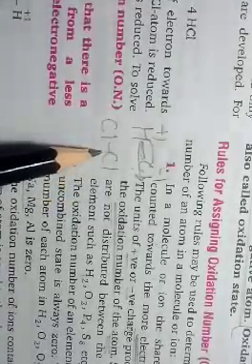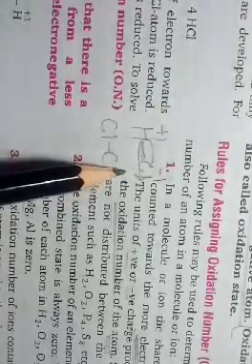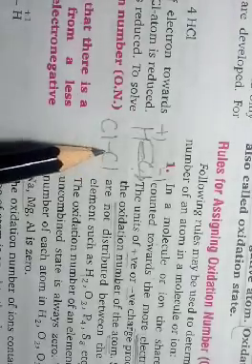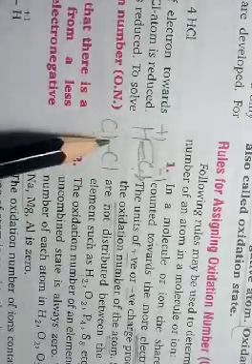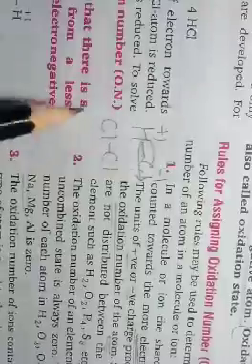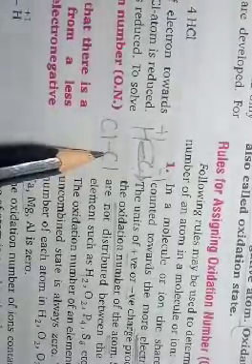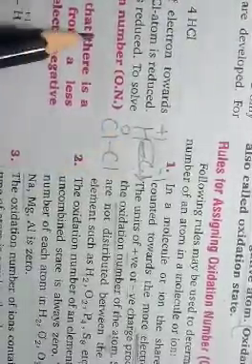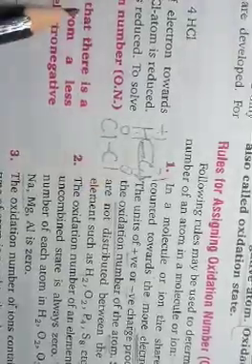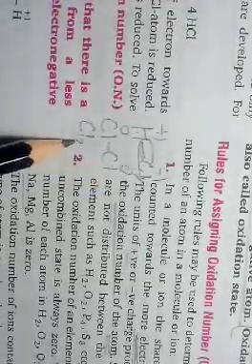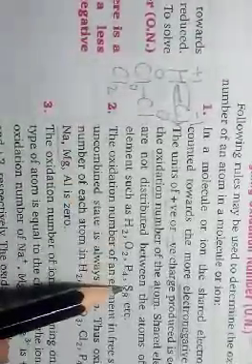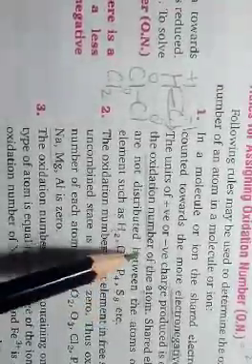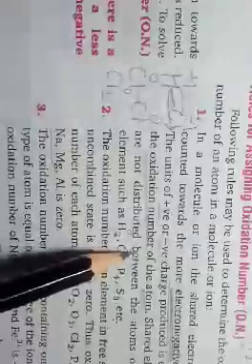So we cannot assign a negative sign to one, and we cannot assign a positive sign to the other. That is why the oxidation state of each Cl will be 0, so the overall oxidation state of the Cl2 molecule will be 0. Okay, students. So all such molecules which are made up of the same type of atoms will have oxidation state or oxidation number equal to 0.